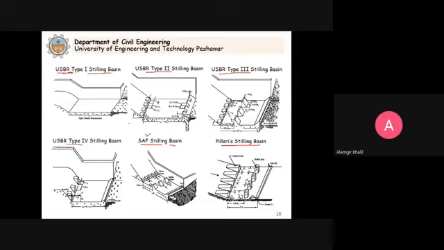Clear? Anyhow, we can study the design of these stilling basins in detail, but stilling basins are not included in your textbook in detail, nor in the curriculum. So we just study a brief introduction to these stilling basins.